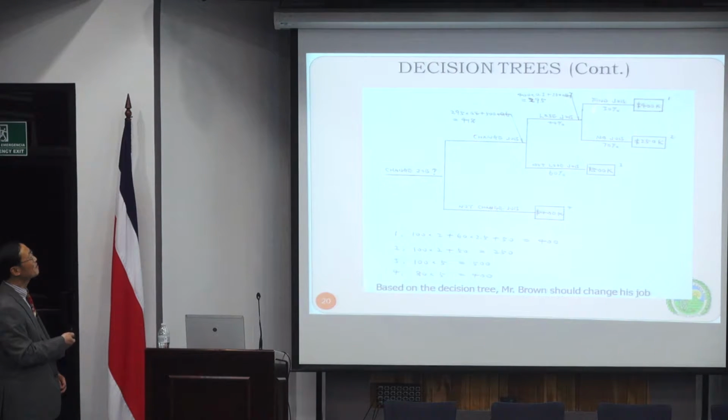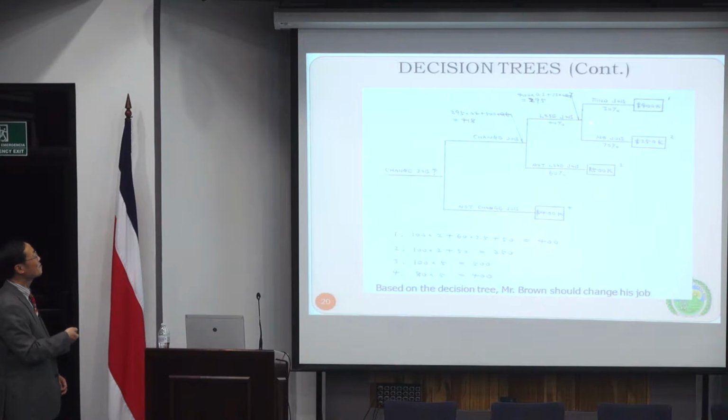If he finds another job, which is 30%, he will have worked 2 years for a high-tech company. He makes that much money, and he will get $50,000 unemployment compensation, and then he will have another 2.5 years with low income, so he will get $400,000 total if that happens.